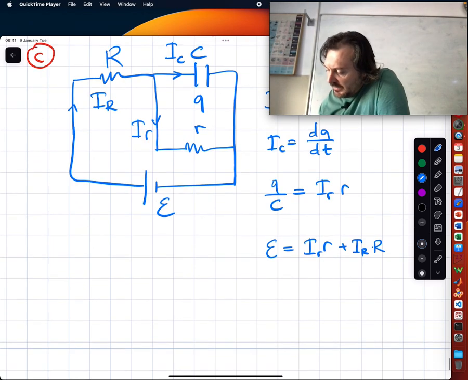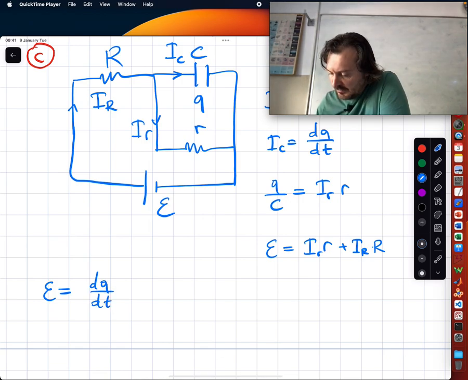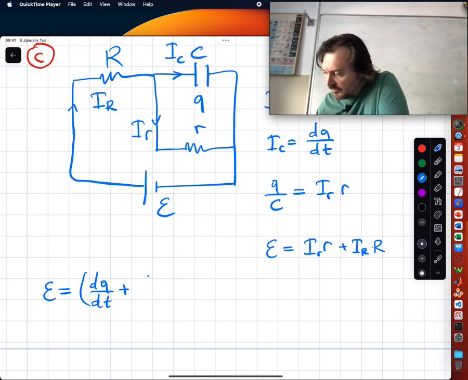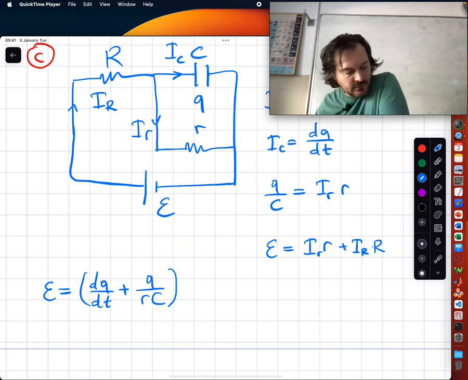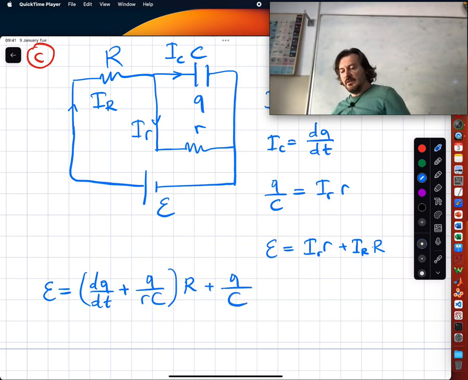If you rewrite it properly, then you get this equation: dq over dt, which is IC, plus q over RC, which is IR, times big R, gives you I big R, plus q over C is equal to E.